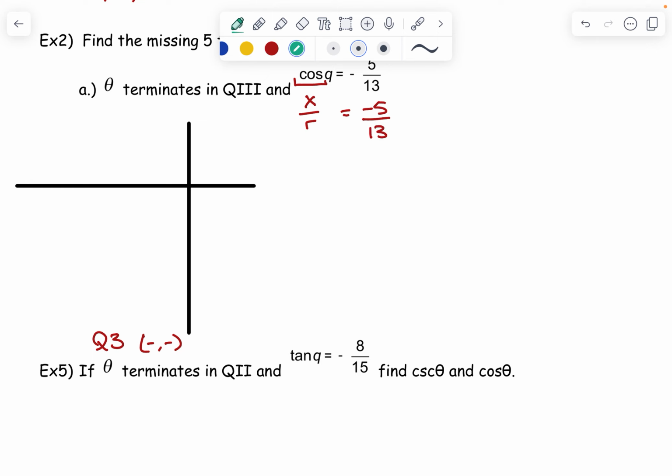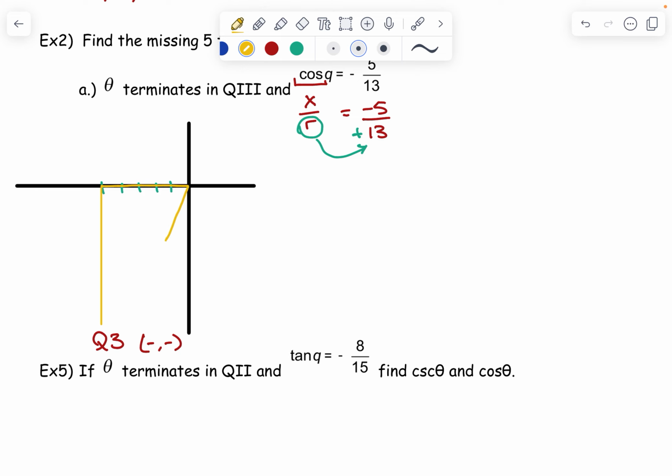Now remember, the hypotenuse, the radius, r, is always positive, so you don't have to guess which one of these is negative. The 5 is negative, so we go over 1, 2, 3, 4, 5. And then we know that our radius is 13, and what we don't know is this missing side, this y.